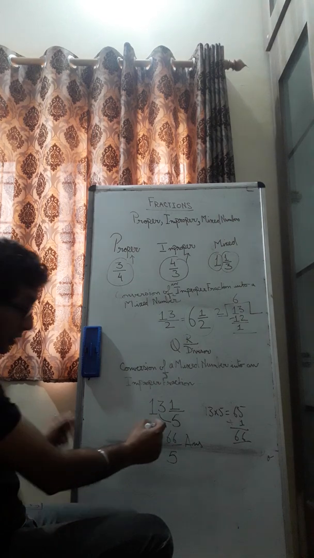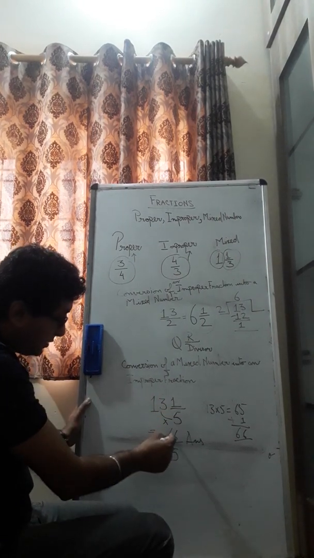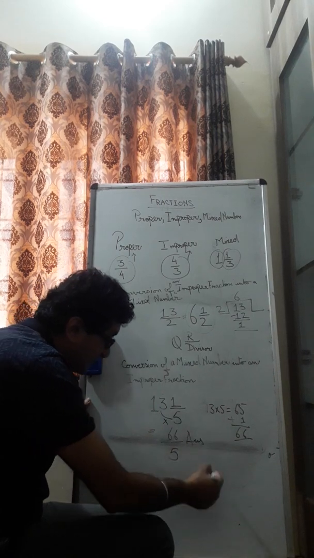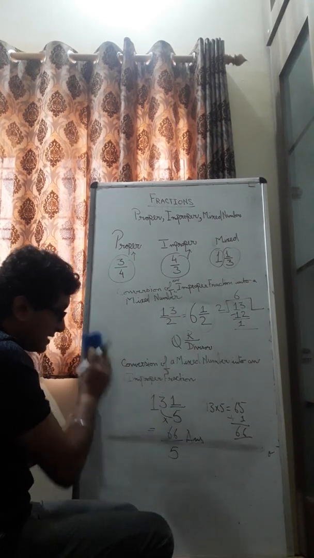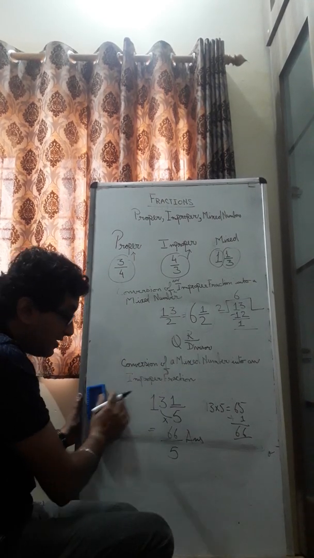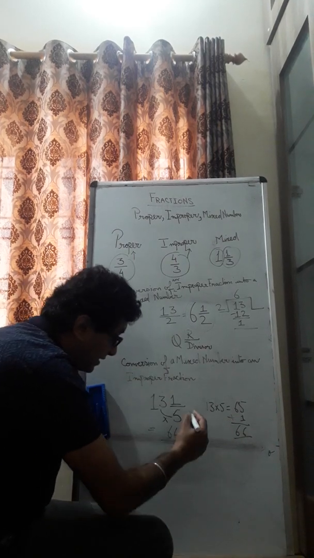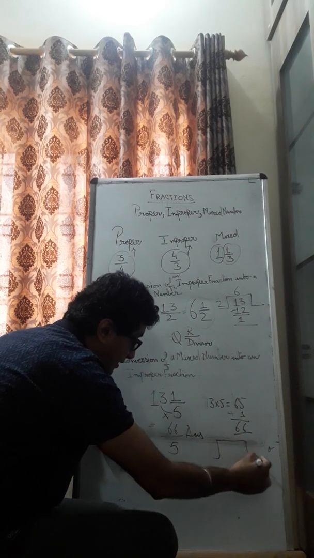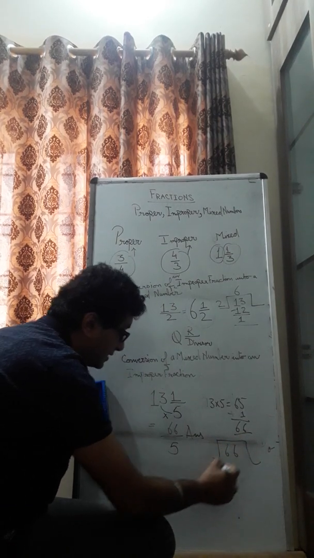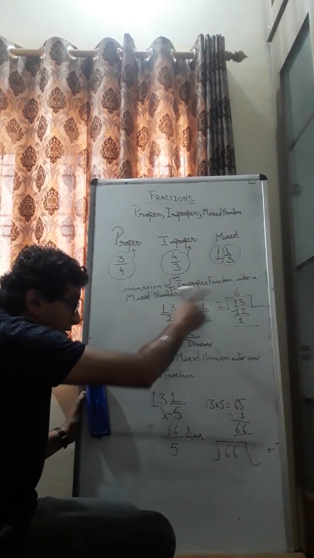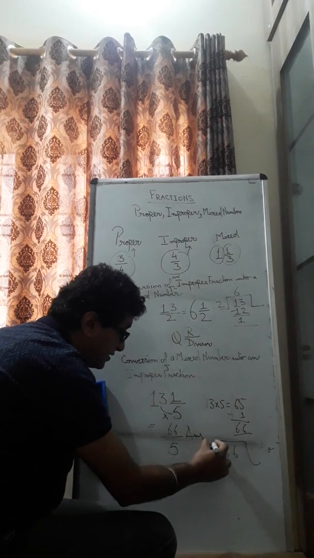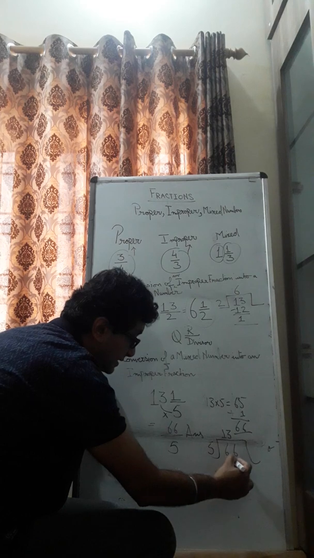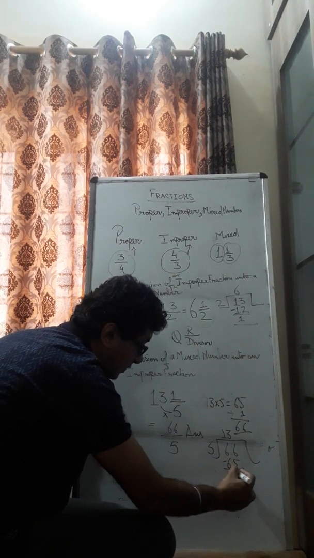If you want to check this, what would you do? You will change this improper fraction into a mixed number. So let's try checking this 66 by 5, whether our calculation is right or not. 66 will become the dividend, remember, and 5 is the divisor. 5 thirteens are 65. 66 minus 65 is how much? 1.